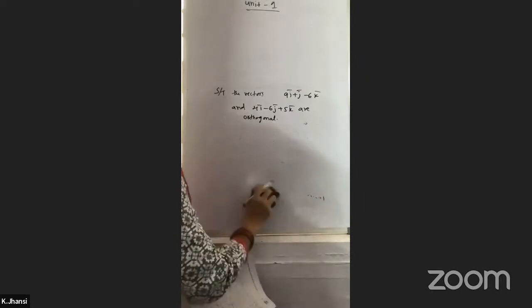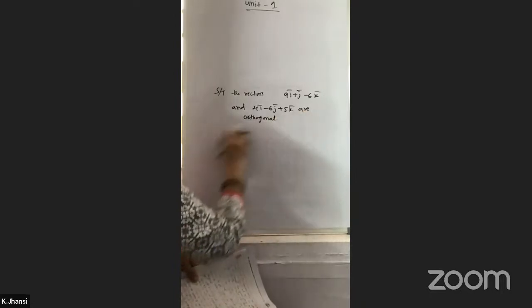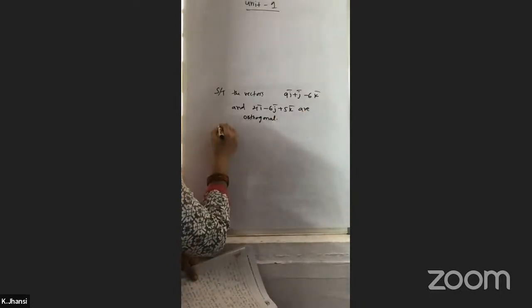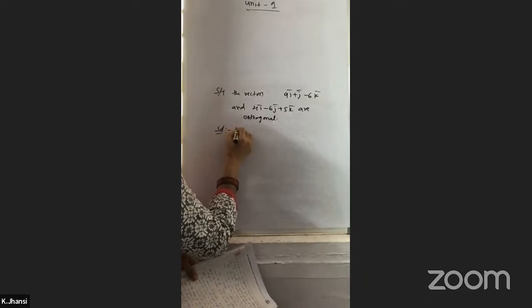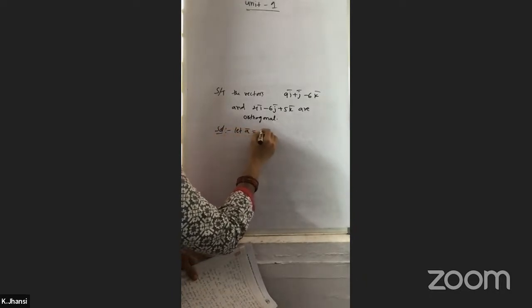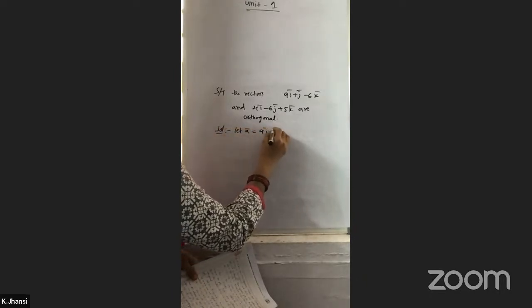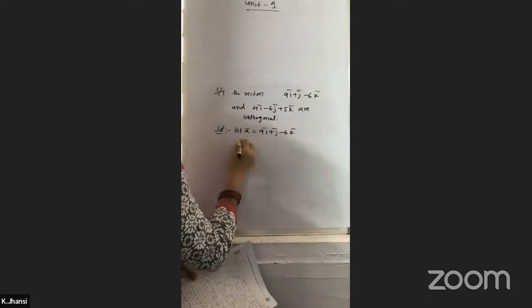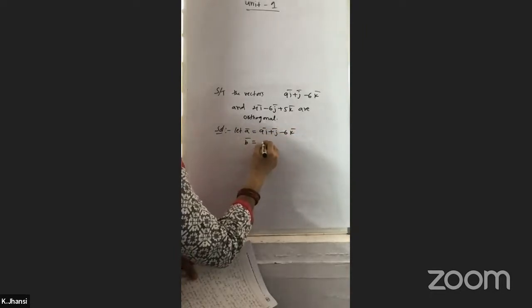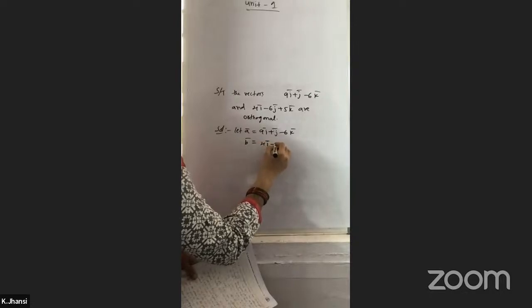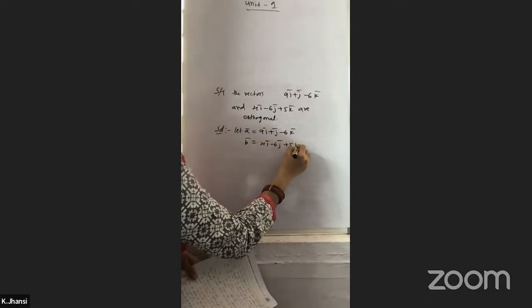So first take the given vector as A and the second vector as B. Let vector A equal 9i plus j minus 6k and vector B equal 4i minus 6j plus 5k.